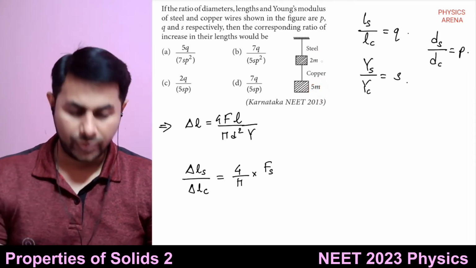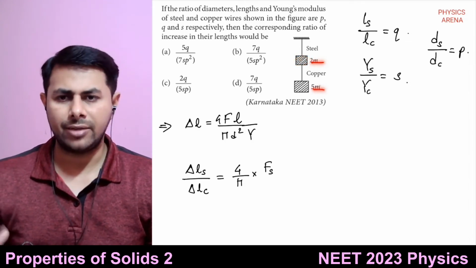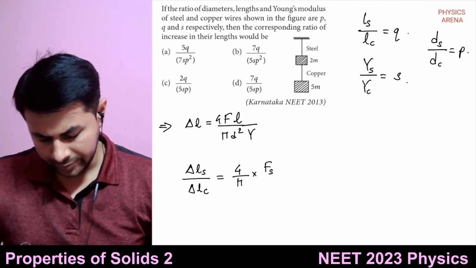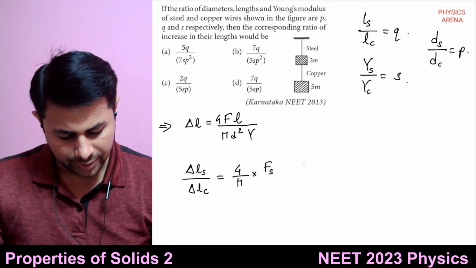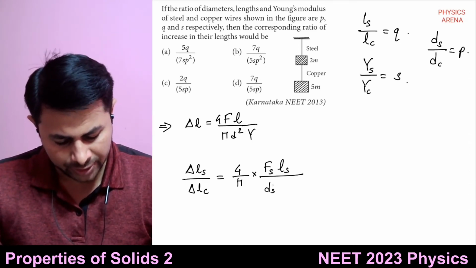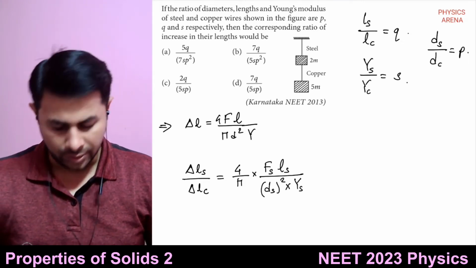So the total force on the steel wire will be 2m plus 5m multiplied by g, that is 7m multiplied by g. For now let's keep it like this: force on steel, length of steel upon diameter of steel square multiplied by Y for steel.